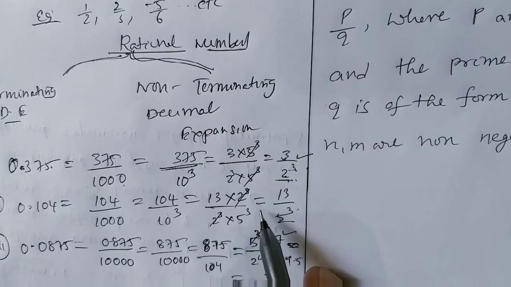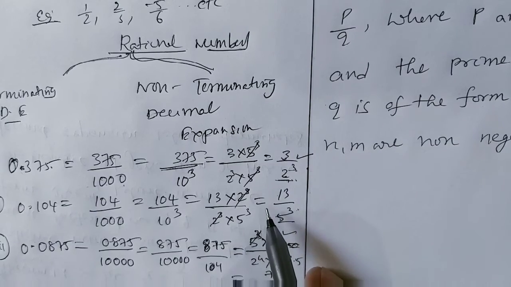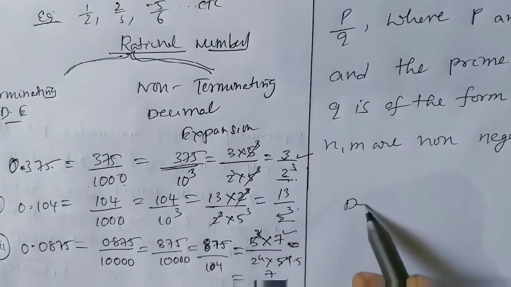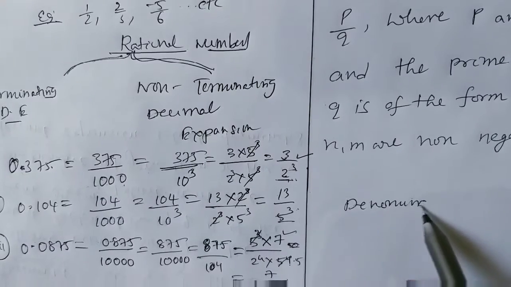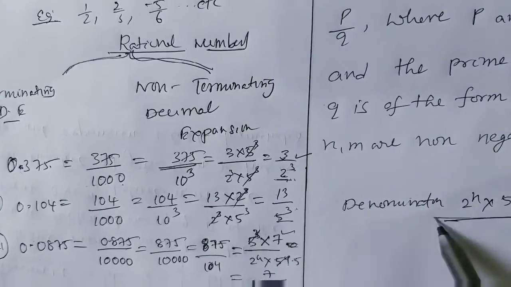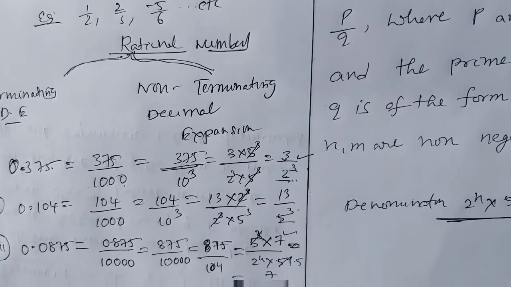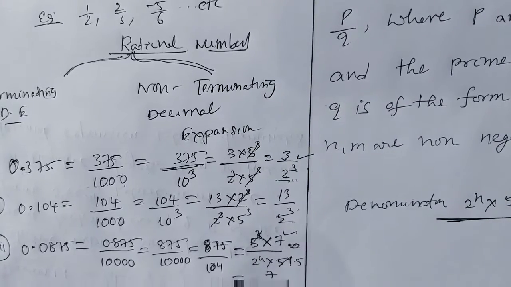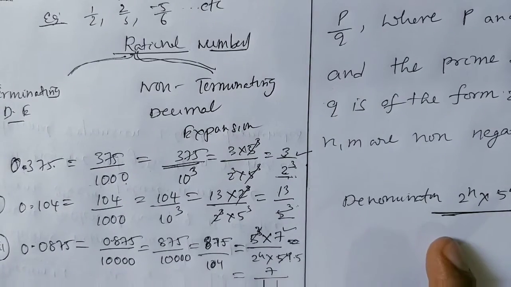The denominator should contain only the factors 2 power or 5 power, that is, be in the form 2 power n into 5 power m, where n comma m belong to Z, positive integers. This is one property we observe.